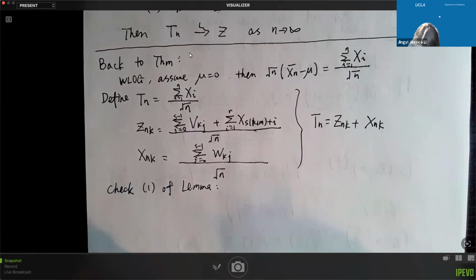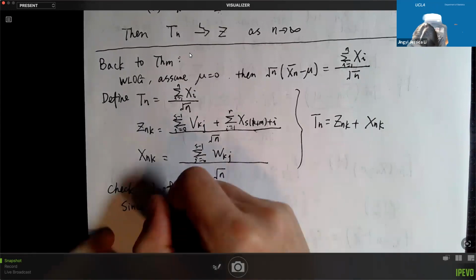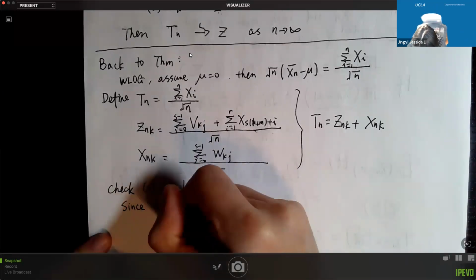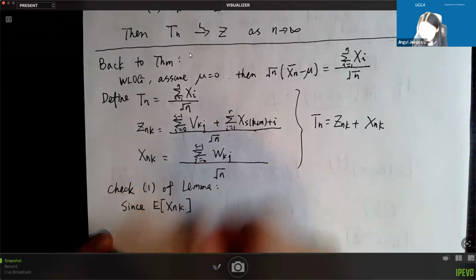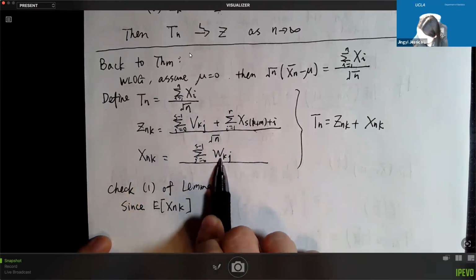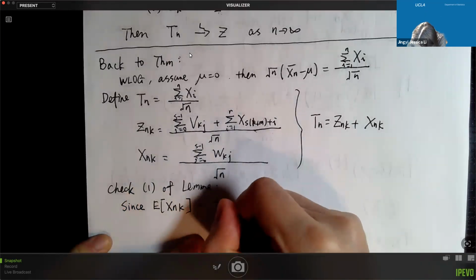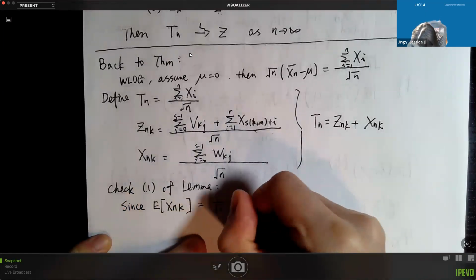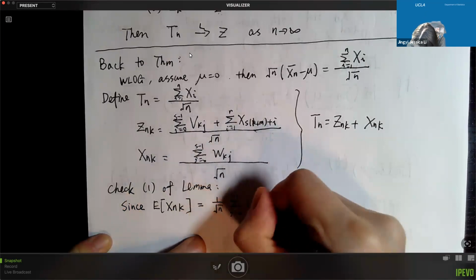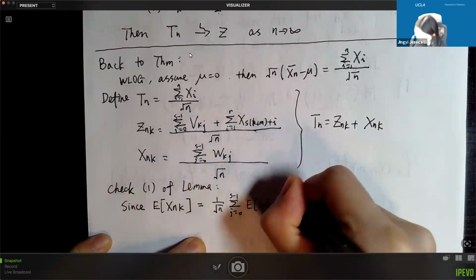If you think about it, the expectation of X_{n,k} is basically the expectation of W_{kj}.